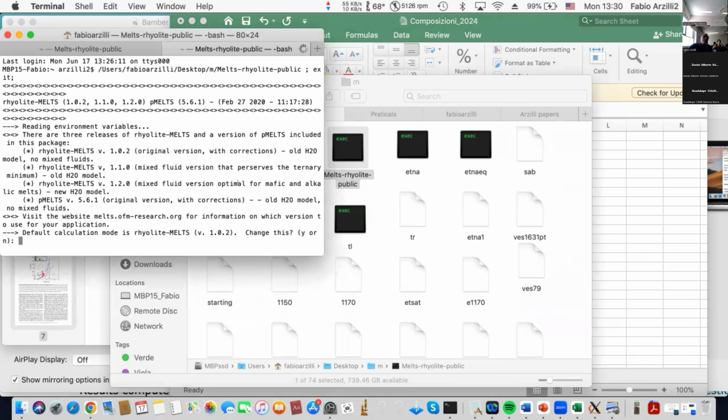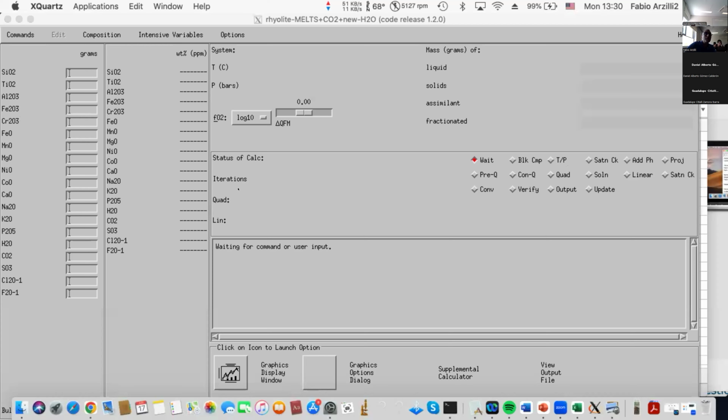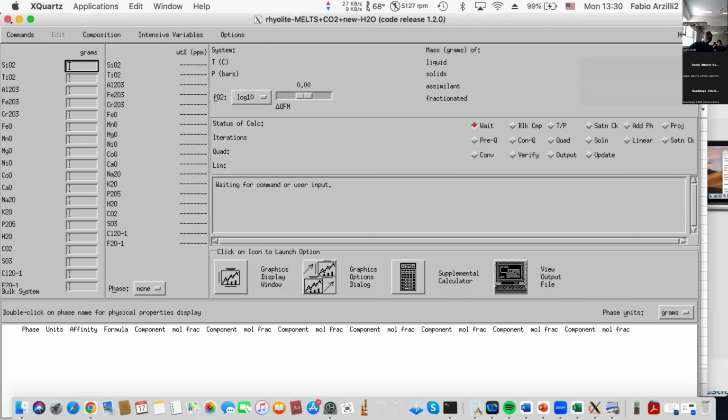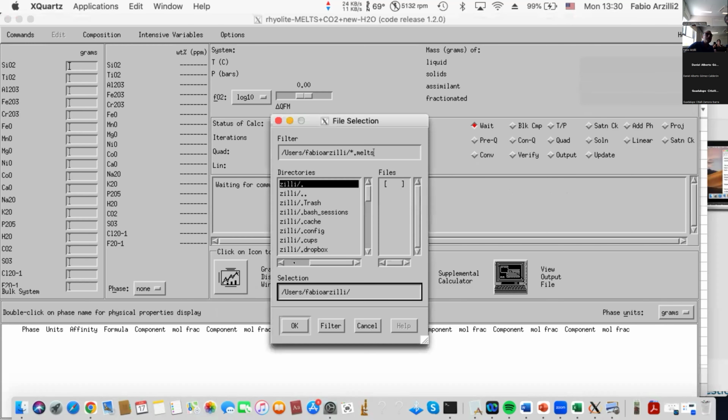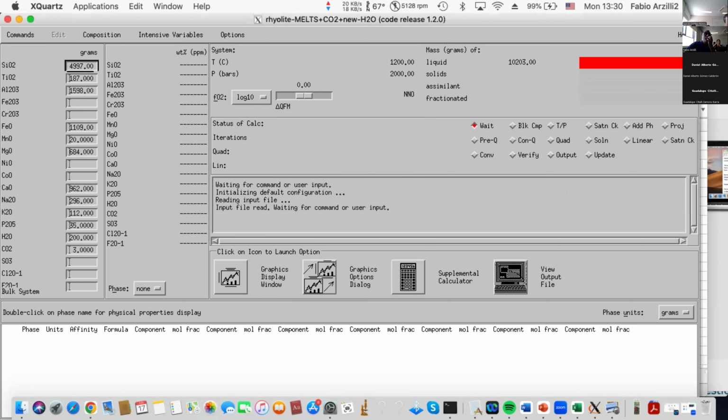So now we open the system, we open this one. Basically what we need to do is always keep this at 30.